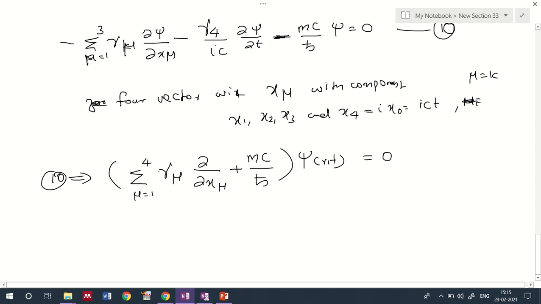So we are able to represent the entire Dirac relativistic equation in a covariant form. How do we represent a covariant form? According to the Einstein rule, if you are able to represent a term in summation, we can represent it in covariant form as well. So the covariant form will be gamma mu dou mu plus k psi of r t equal to 0.